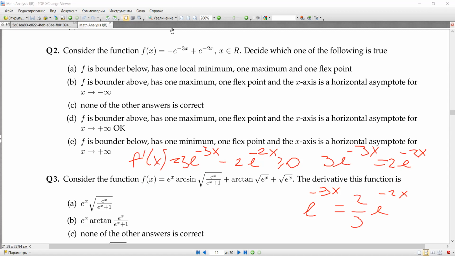Natural logarithm, is it true? Natural logarithm of 2/3 is minus.